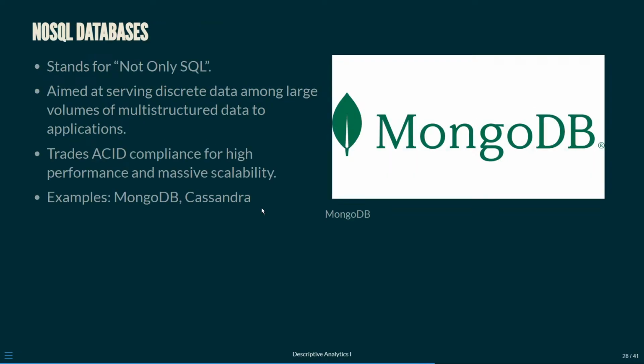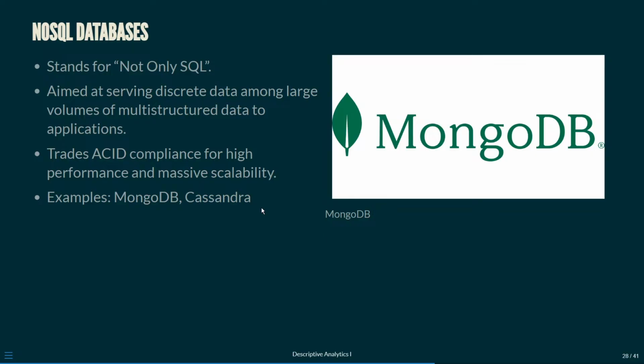And the third technology, NoSQL databases, stands for not only SQL. This is aimed at serving discrete data among large volumes of multi-structured data to applications. Unlike traditional SQL or relational databases, this does not make use of relational tables and join statements, but rather we use NoSQL to map out the data directly.